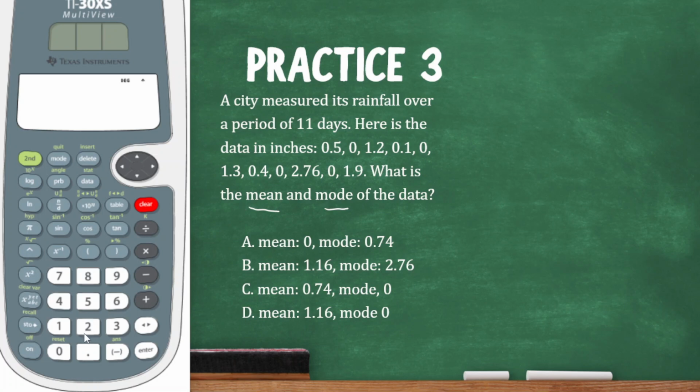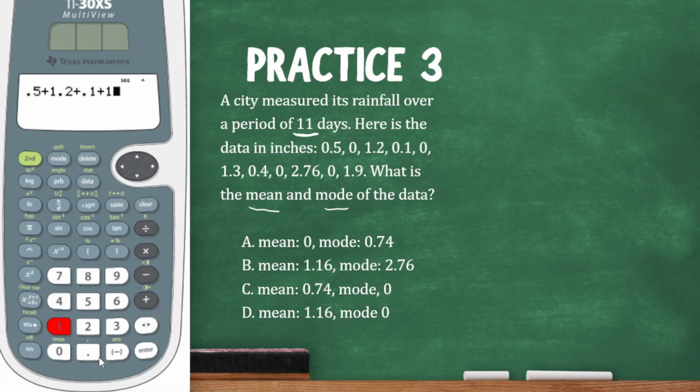So we'll add up all our numbers and divide by however many there are. We know there are 11 numbers because it tells us right there that we have the data for 11 days. So 0.5 plus 0, we don't have to add that in there because it's not going to change our total, plus 1.2 plus 0.1. We've got another 0 there. I'm going to skip it.